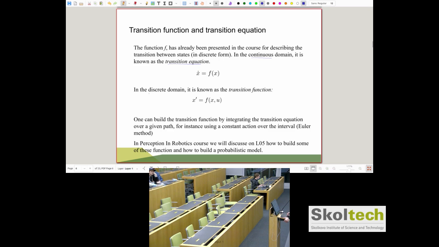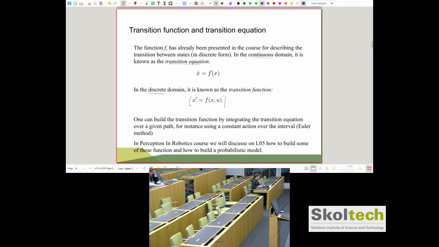Luckily for us, most of the time we'll be working in the discrete domain. In order to obtain this function, which is called the transition function, we usually need to integrate this equation over some period. There are several ways of doing this. I'm not going to get into the details, but the good thing about this is that it's not considering derivatives at all. This is what we had, do you remember, in problem set 1?